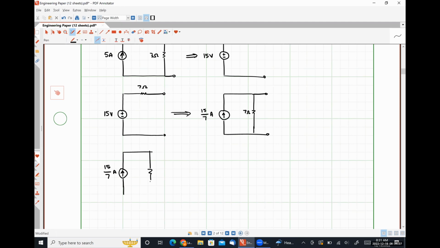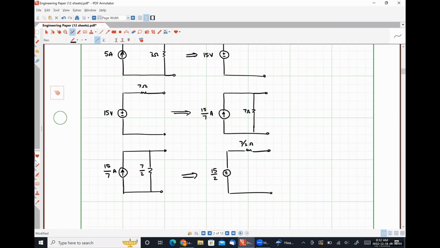In parallel with 7 over 2 is going to look like 15 halves in series with 7 halves.